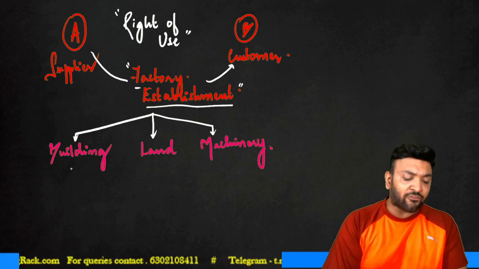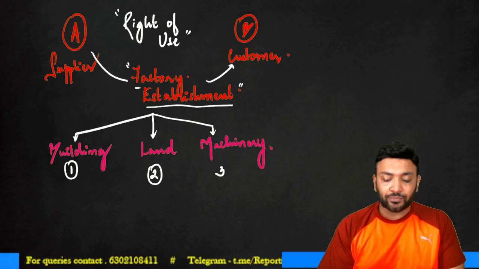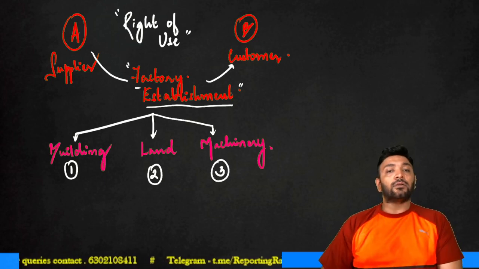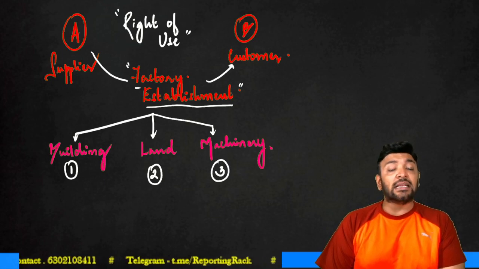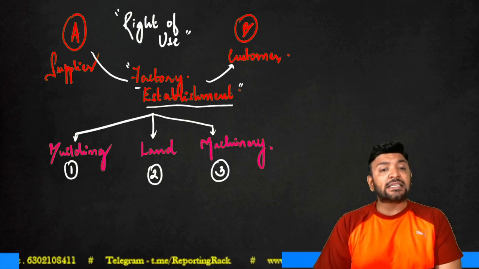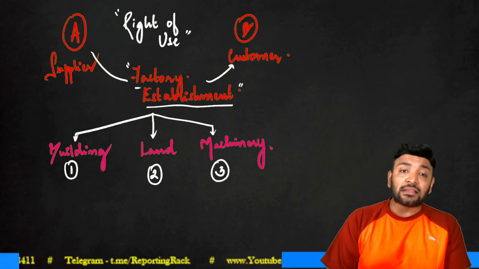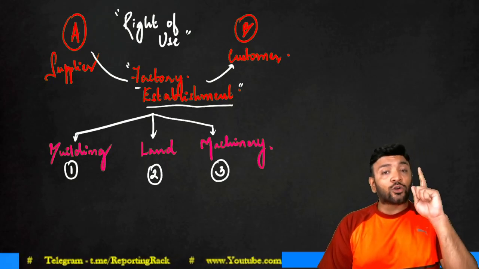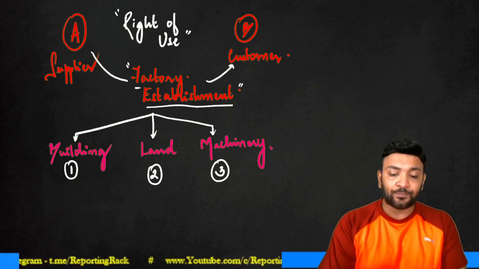So this is my first asset, second asset, third asset. Should the customer B recognize the lease component of each asset separately, or should he combine all three assets to recognize as a single lease component under IND AS 116?